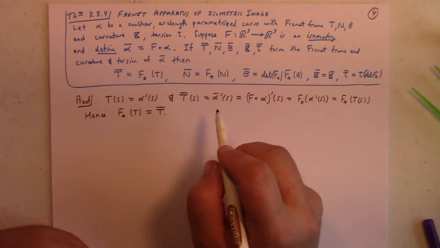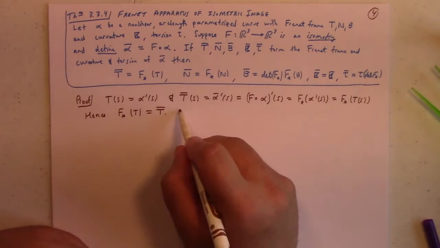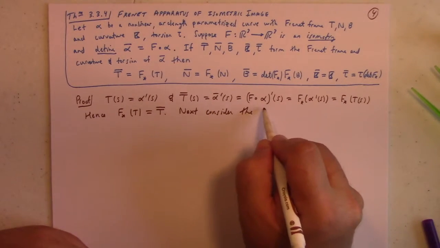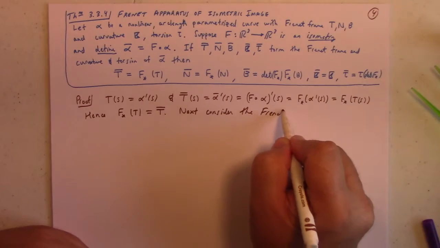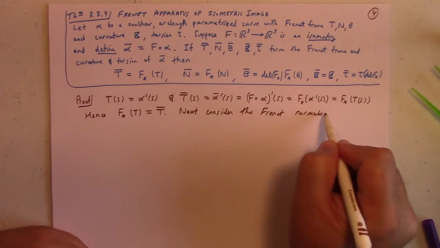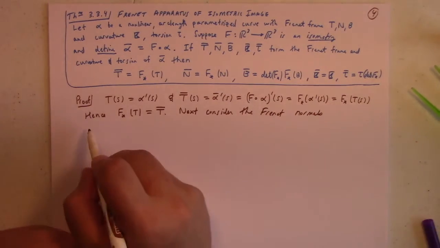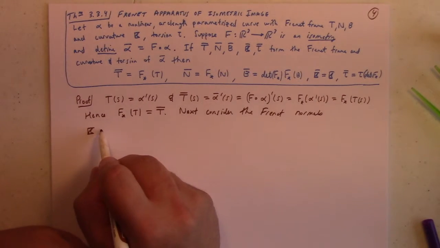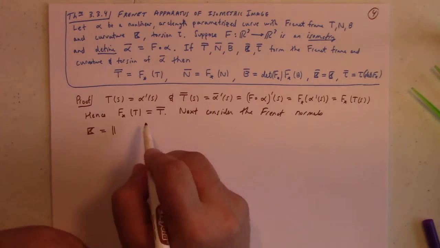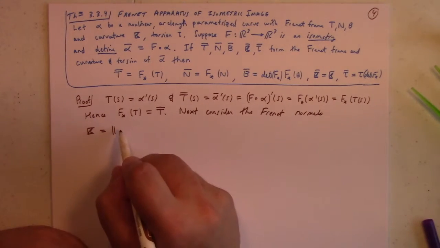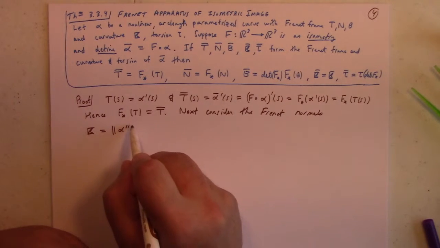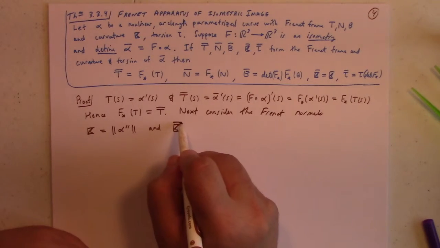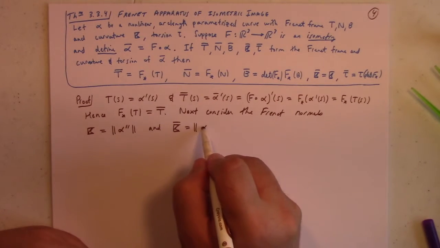Next, we have to think about the Frenet normals. How do we define the Frenet normal? Well, in terms of curvature. The curvature we defined to be the magnitude of alpha prime prime, and the curvature bar would be the magnitude of alpha bar prime prime.